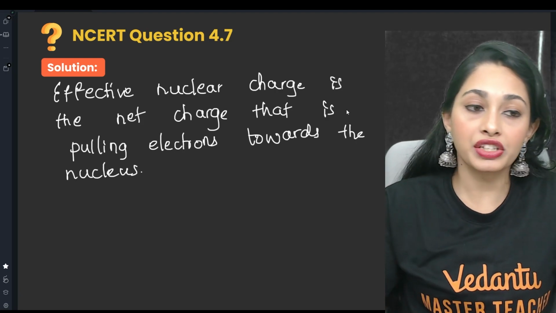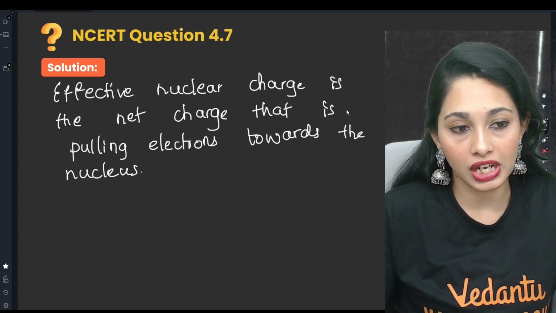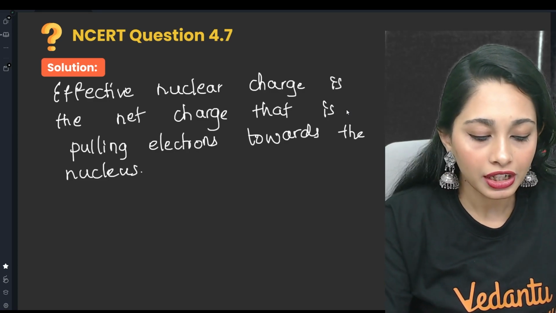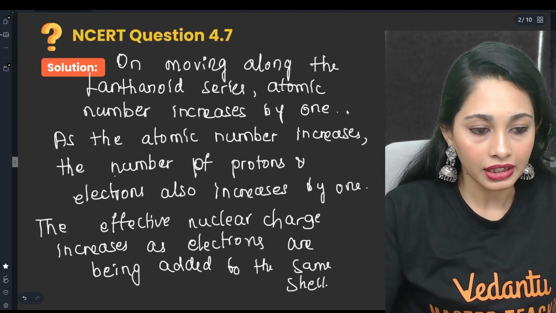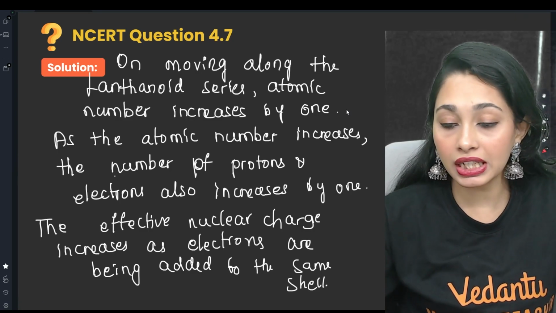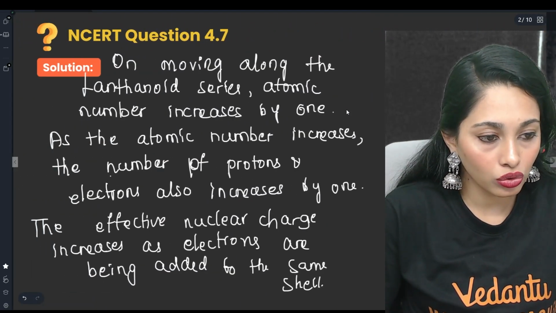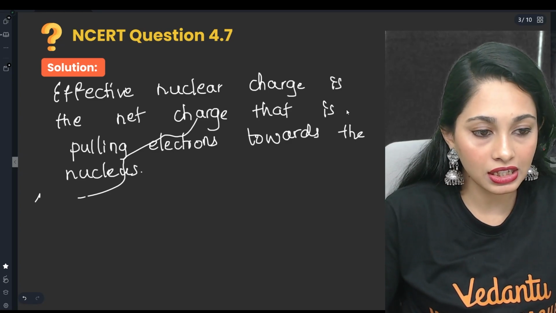So effective nuclear charge is the positive net charge that is pulling electrons towards the nucleus. So here the effective nuclear charge increases.